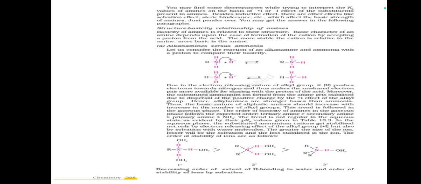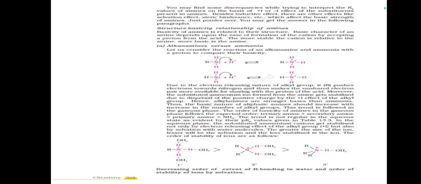Moreover, the substituted ammonium ion formed from the amine gets stabilized due to dispersal of the positive charge by the +I effect of the alkyl group. Hence, alkylamines are stronger bases than ammonia.